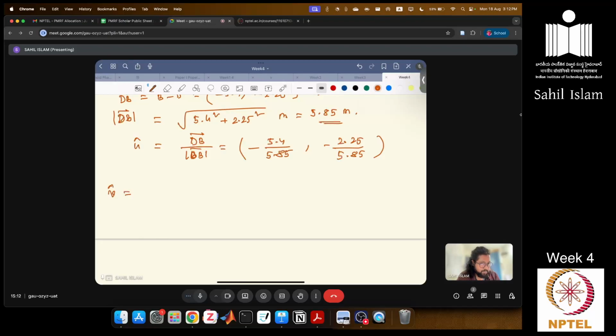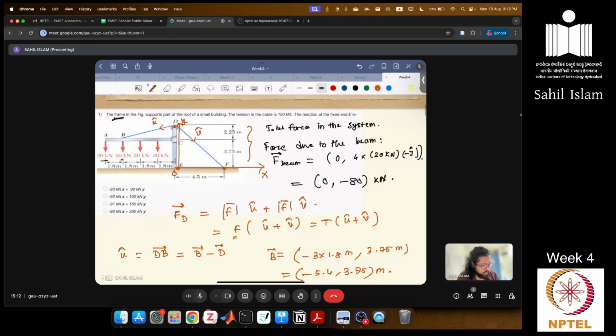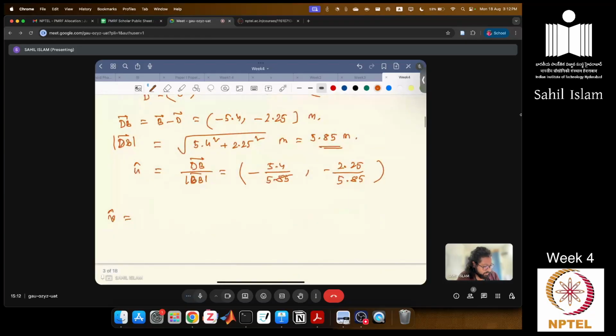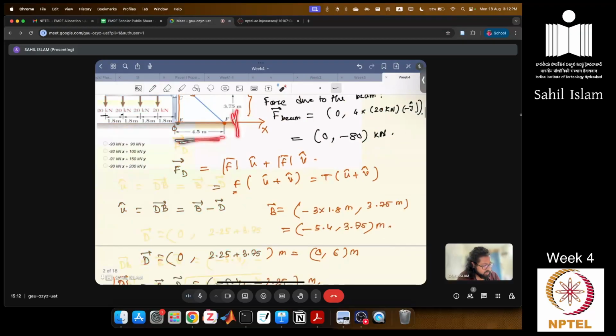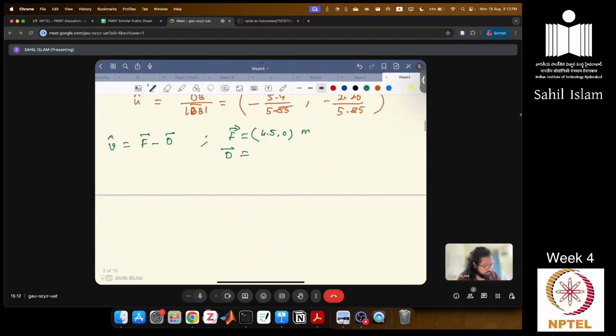So v cap is vector F minus vector D. Vector F is, in the x direction 4.5, in the y direction 0, so 4.5 comma 0 meter, and D we already know is 0 comma 6.